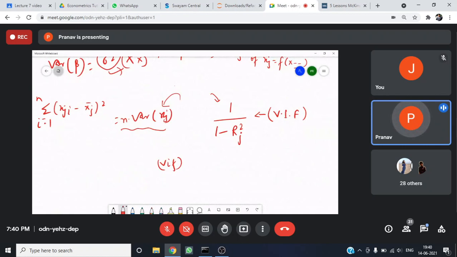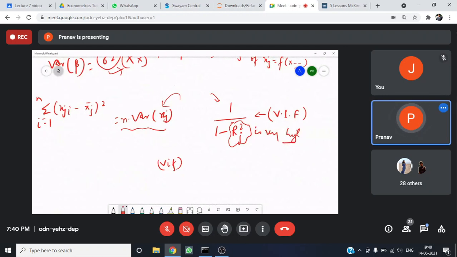जिसका अगर मान लो जिस पर्टिकुलर एक्सप्लेनेटिव वेरिएबल का वेरिएंस इन्फ्लेशन फैक्टर बहुत ज्यादा है, व्हाट इट मींस दैट इफ आई टेक ऑल अदर फैक्टर्स constant just for the time being, it automatically means that this rj square is very high.